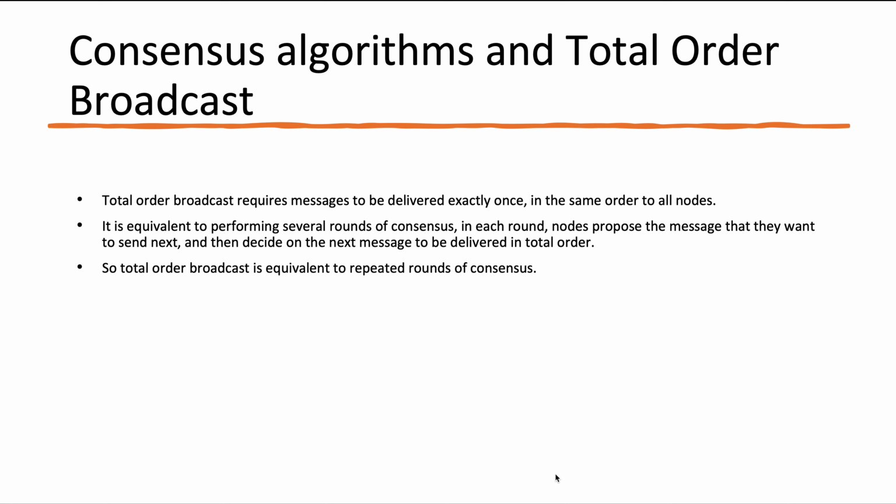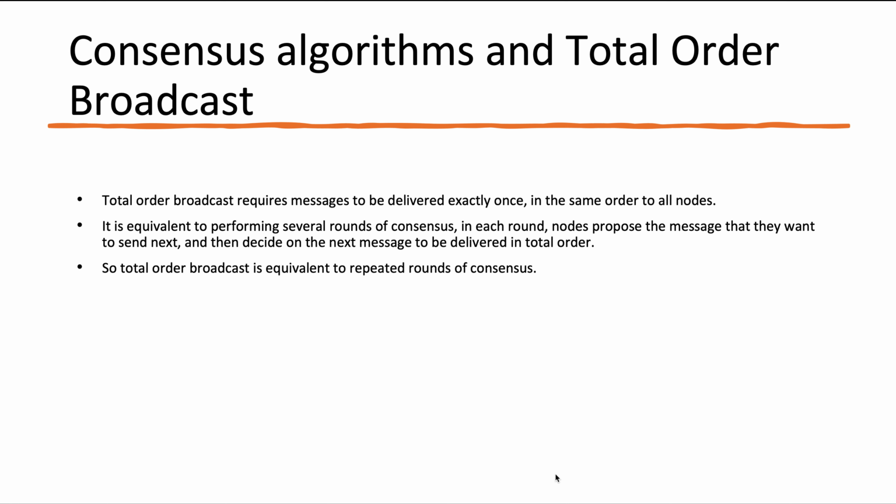Total order broadcast requires messages to be delivered exactly once in the same order to all the nodes. If you think about it, this is equivalent to performing several rounds of consensus, and in each round nodes propose the message that they want to send next and then decide on the next message to be delivered in the total order.